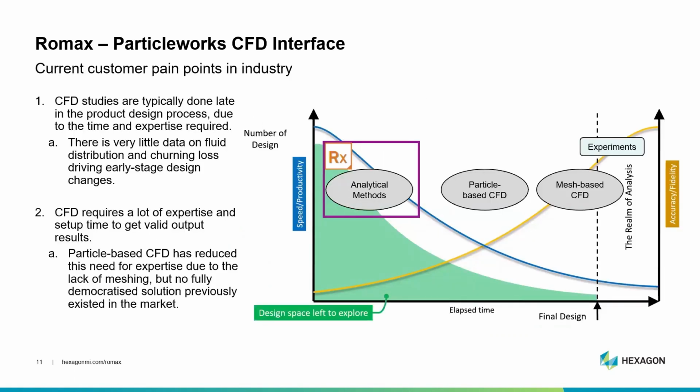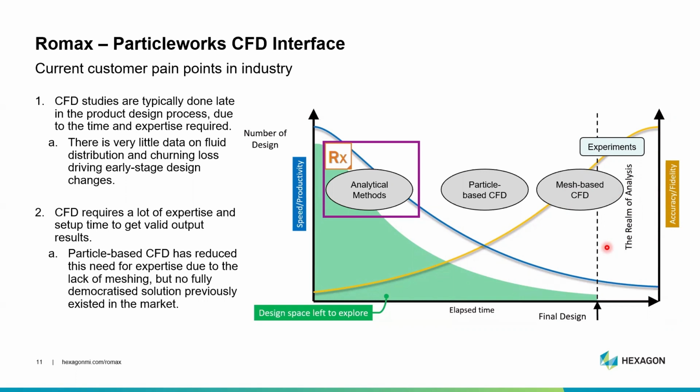We've done this to address key pain points in the industry. It's well known that early on in the design process, it's cheap and easy to solve problems when there's a lot of design space left to explore. Later on in the design process, it's not easy or cheap to make any changes.